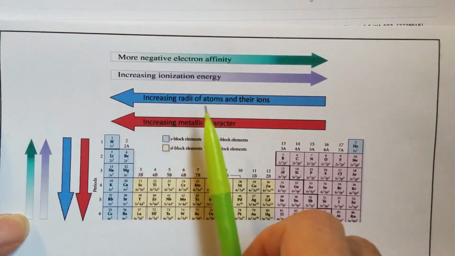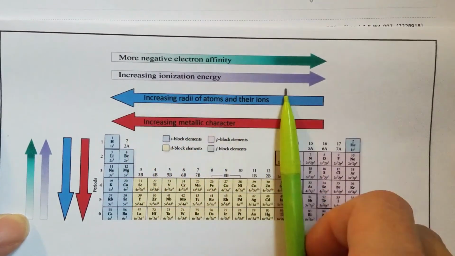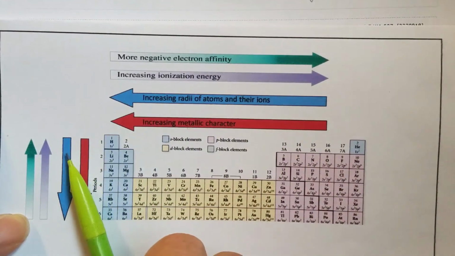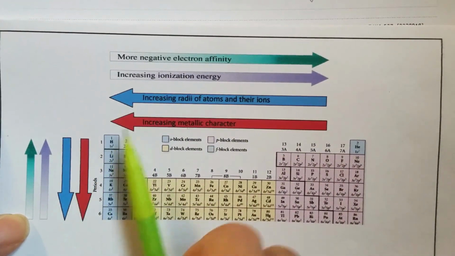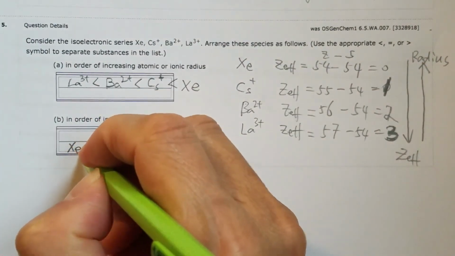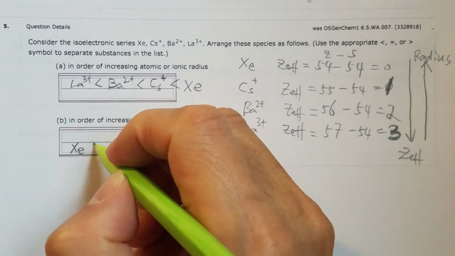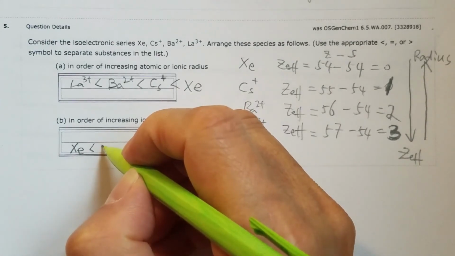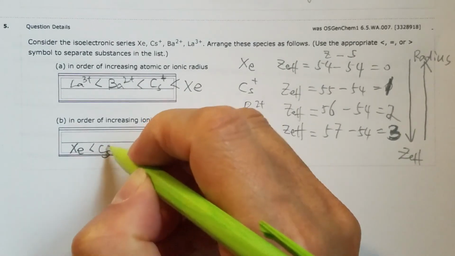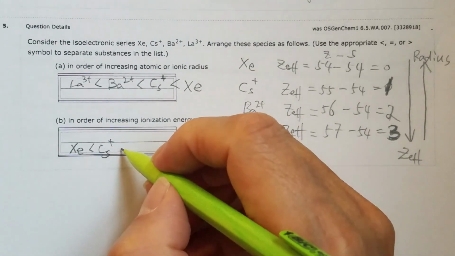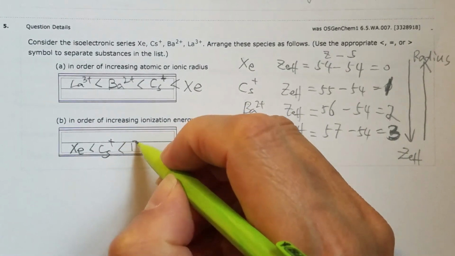It's exactly the opposite compared with the radii of atoms or ions. So the trend should be the opposite of the trend found in question 5A.